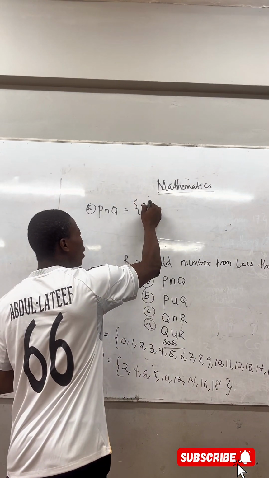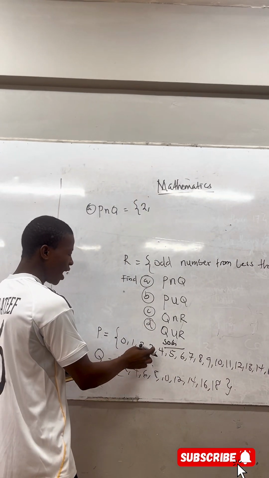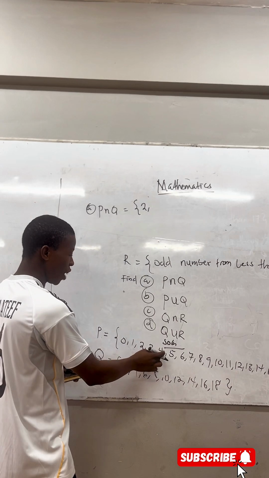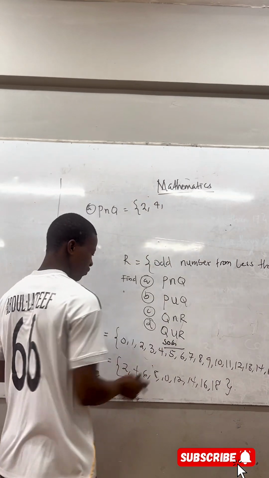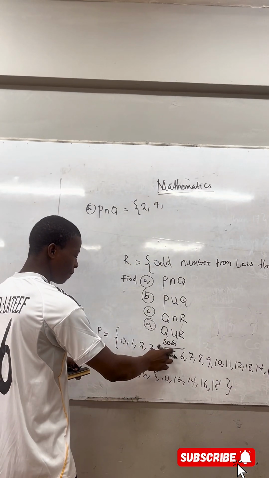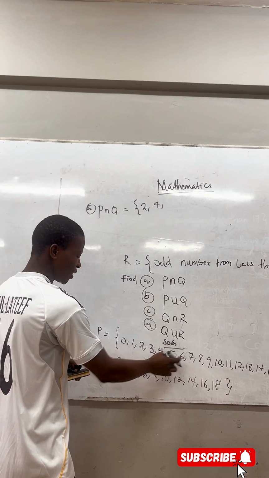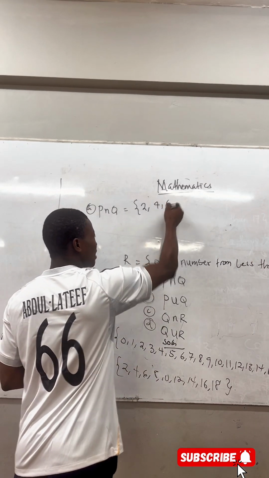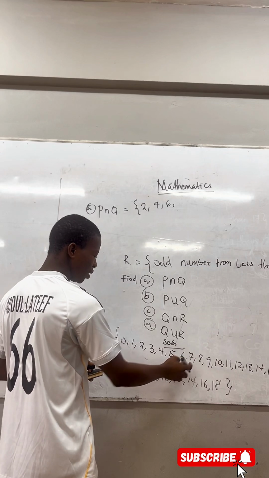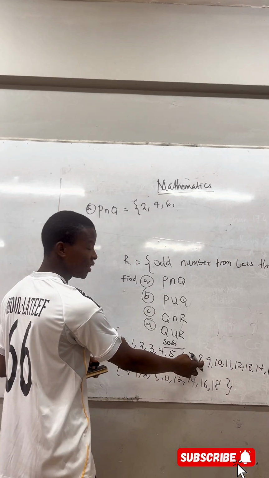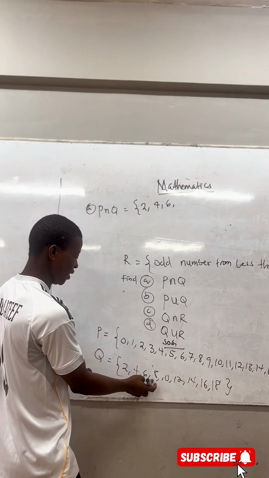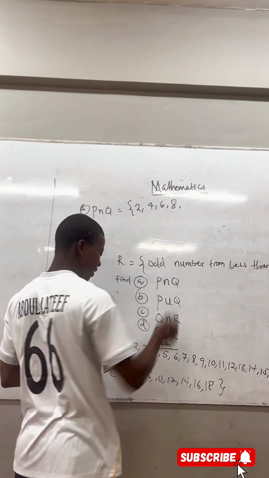So we write 2. We have 3, we don't have 3. We have 4 here and 4 here. So we write 4. We have 5, we don't have 5, but we have 6 here and 6 here. So we write 6. We have 7, we don't have 7 here. We have 8 here and 8 here. So we write 8.